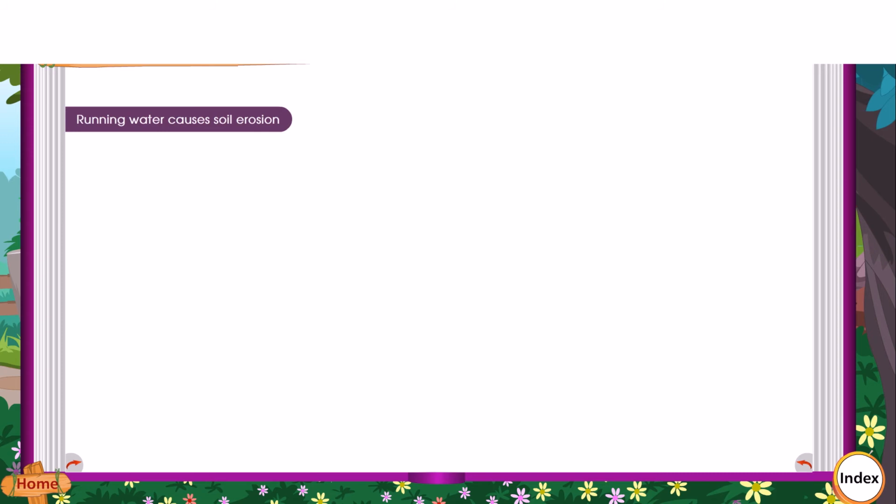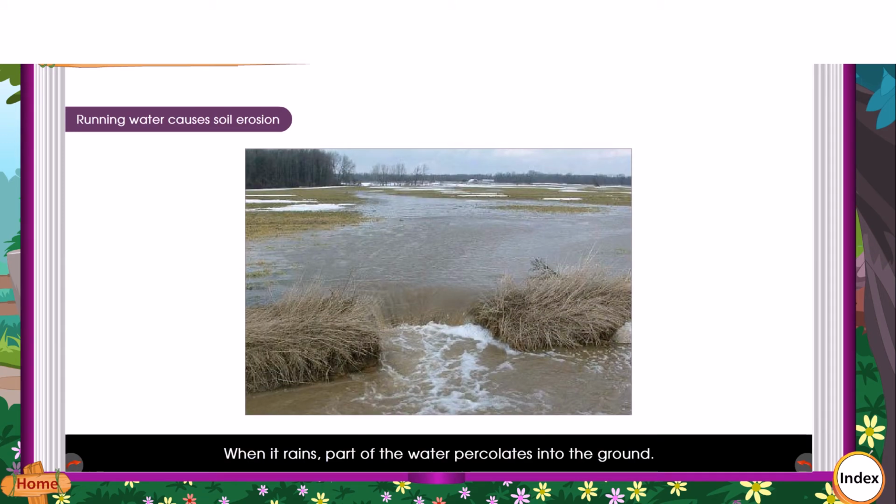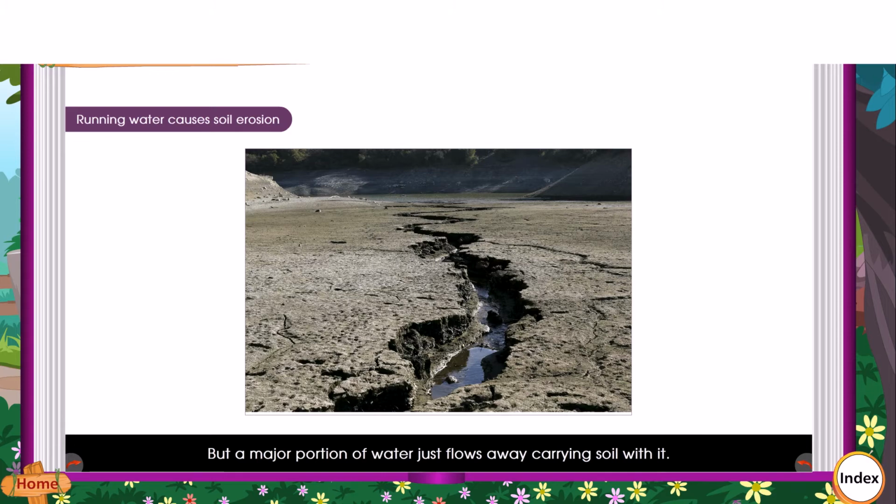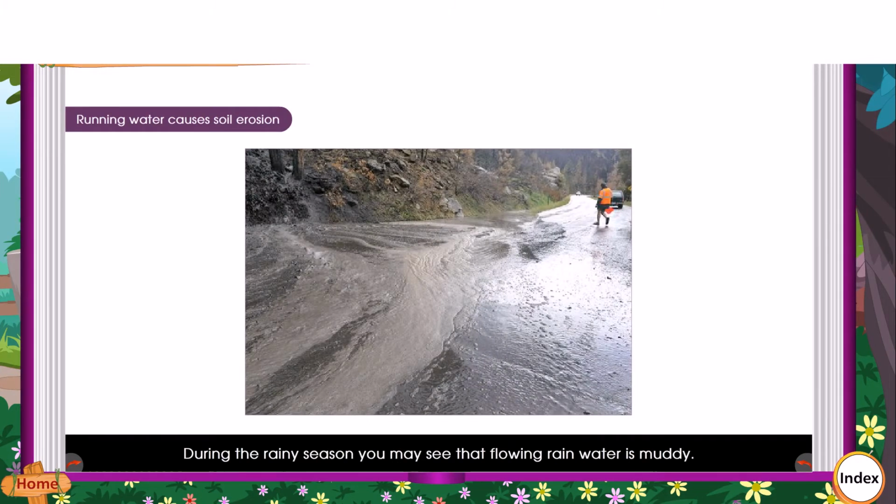Running water causes soil erosion. When it rains, part of the water percolates into the ground. But a major portion of water just flows away, carrying soil with it. During the rainy season, you may see that flowing rainwater is muddy.